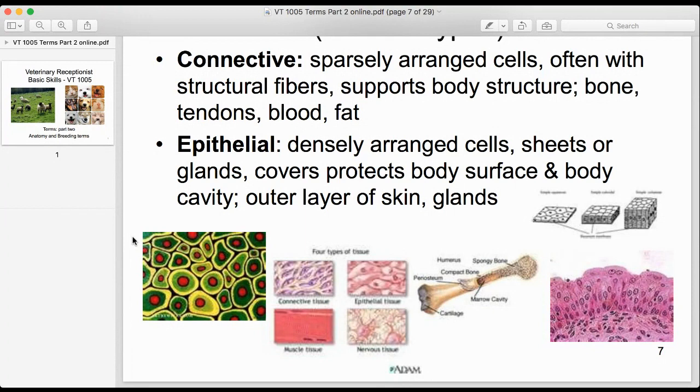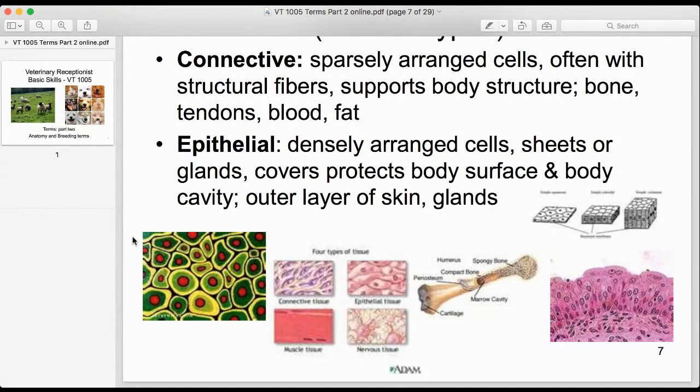Epithelial cells are more densely arranged. They protect the body surface, and that is the outer layer of our skin, and it contains different types of epithelial tissue that lines all of the gastrointestinal tract. It also covers the glands.